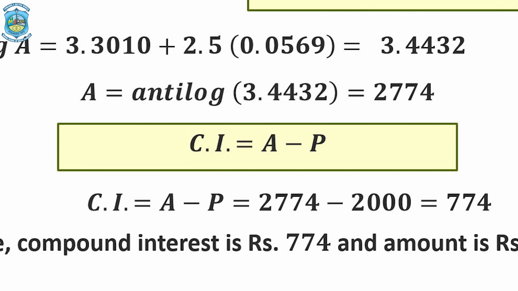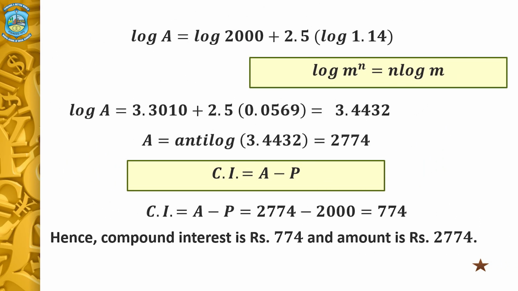Now, you may calculate compound interest by using the formula CI equal to A minus P. A is 2774 and P is 2000. So, compound interest is rupees 774.